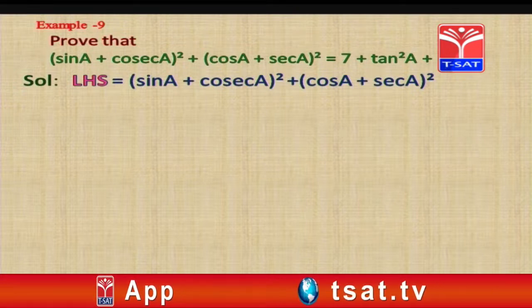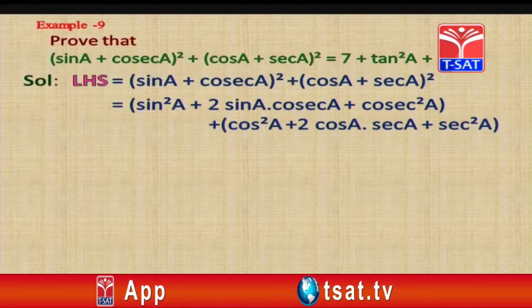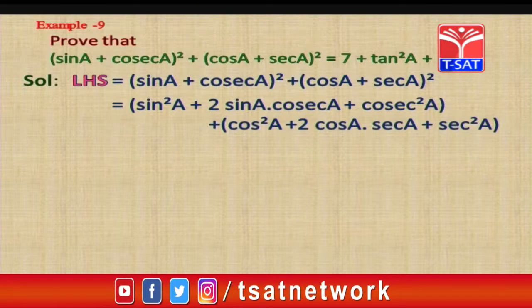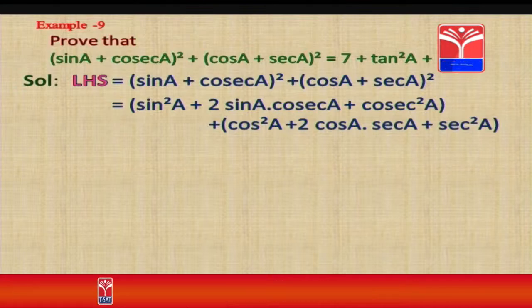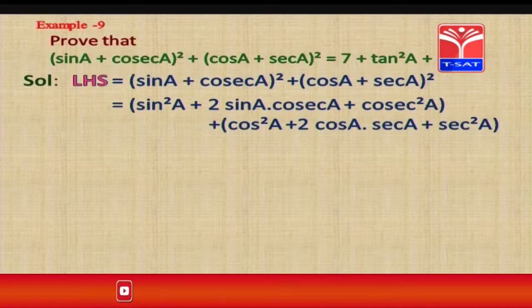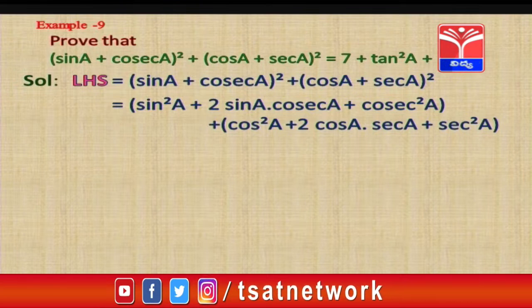So, when I continue with this, I am going to expand both the squares. If I expand them, what happens? You please see, I am getting here an answer as sin square a plus 2 into sin a into cosec a plus cosec square a. That is the first part. Second part in this, cos square a plus 2 cos a into sec a plus sec square a. Now, we know that cosec a is 1 by sin a.